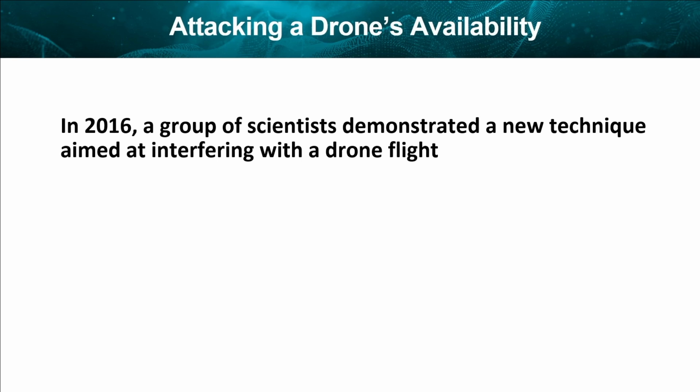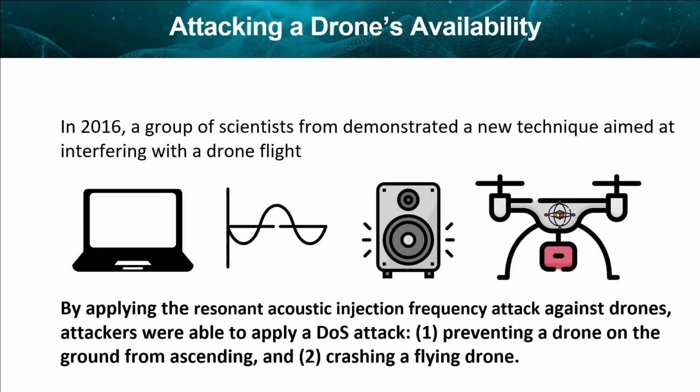Now, in 2016, a group of scientists demonstrated a new technique aimed at interfering with the drone's flight. They actually applied the attack that I described before, and they showed that by applying the resonant acoustic injection frequency attack against drones, they were able to prevent a drone on the ground from ascending and to crash a flying drone.